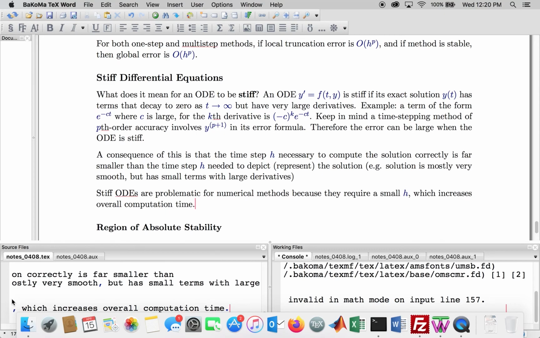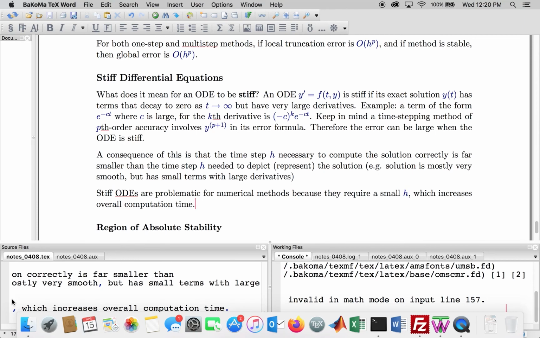This is not only a problem for ODEs, but in particular for systems of ODEs that arise from PDEs, partial differential equations. That's what my research is all about. The systems of ODEs that come from PDEs generally are stiff and require these small time steps to solve accurately.